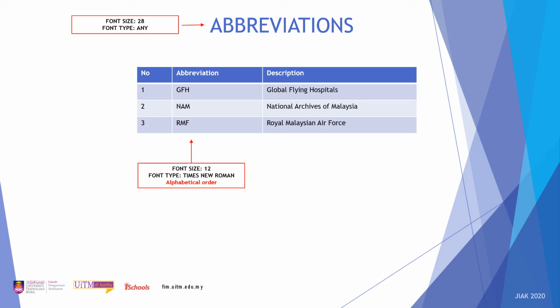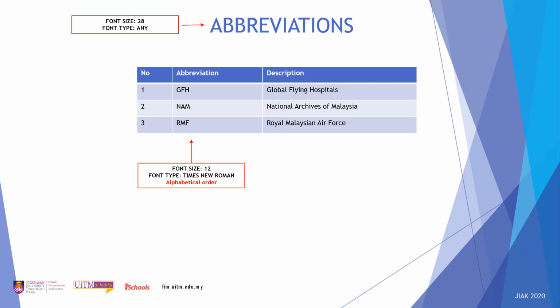The next one, abbreviations. These abbreviations represent a short name, also known as acronyms. Here is the example: GFH stands for Global Flying Hospitals, NAM, National Archives of Malaysia, and the last one is RMAF, Royal Malaysian Air Force.